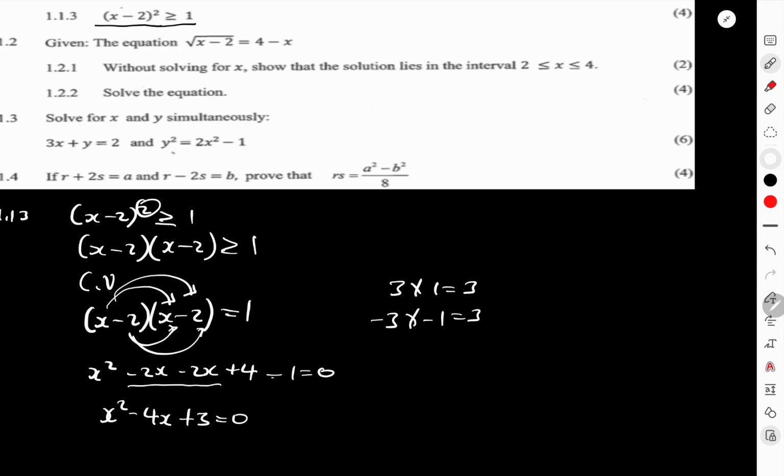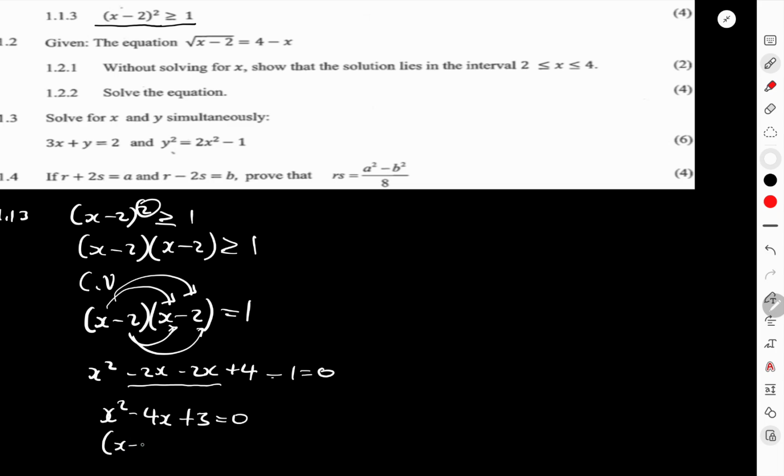But if I change this sign here and put plus, it is going to give us 4. And if I change this sign and put plus here, it is going to give us negative 4. Meaning these are the numbers that I'm looking for, negative 3 and negative 1. So two numbers that when I multiply give me positive 3, but when I add give me negative 4, are negative 3 and negative 1.